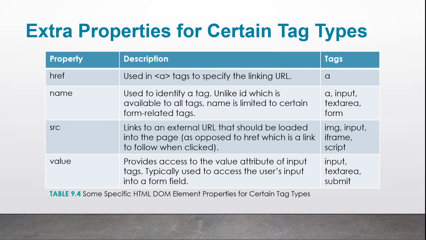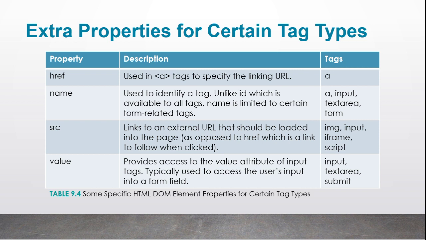Source, images, inputs, iframes, and scripts. And it's just, instead of a link, it's a thing that's loaded. So a link takes you out of where you are and goes somewhere else. A source is go out, grab this thing, and then load it into the page. So that's why it's used for images and inputs.